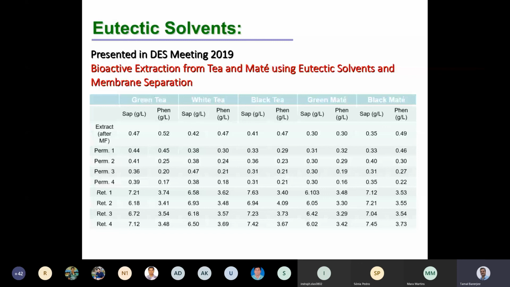In the case of the permeate, comparing with the result, we see that the phenolic compound concentration is decreasing. So some is retained, but saponins no, they are still going to be in the permeate in lower concentration, but still in the retentate too.